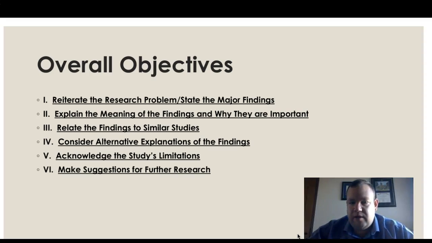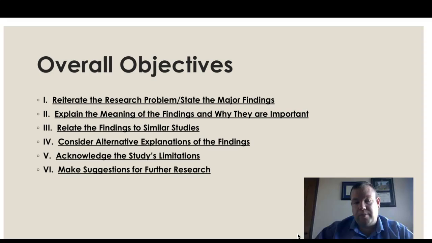In many ways, I think your discussion section should have these 5 things in it. You're going to reiterate the research problem and state the major findings that answer that research problem, and these can all be their own headers. Then you're going to explain the meanings of the findings and why they're important.